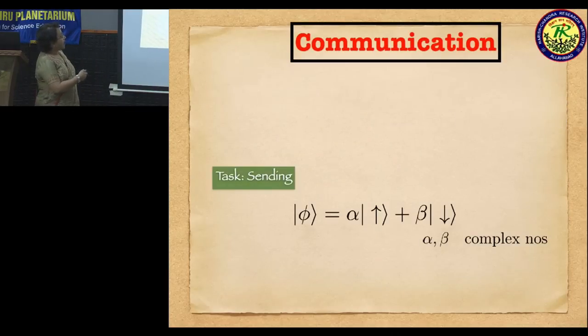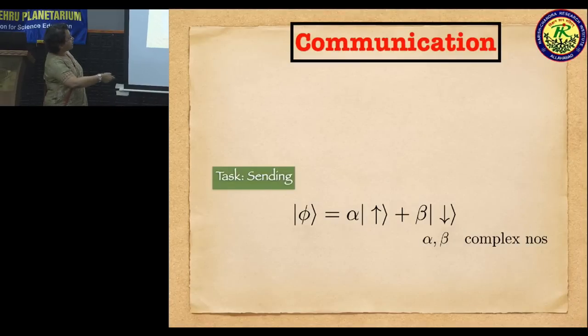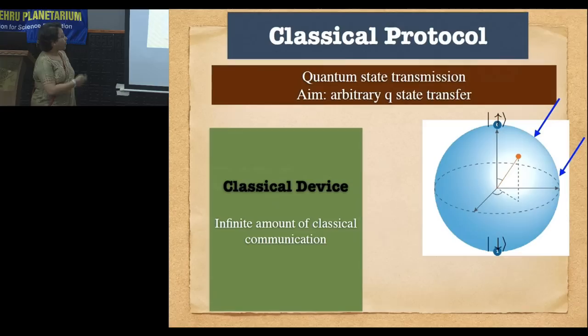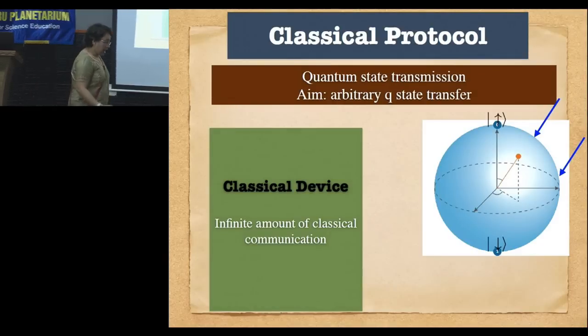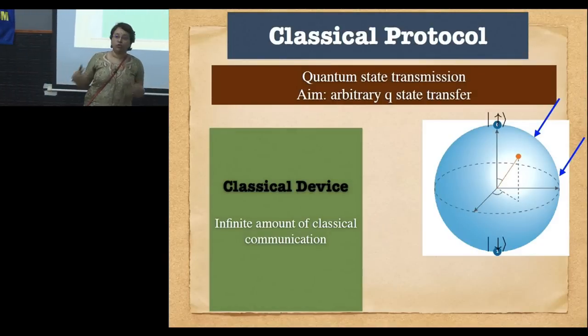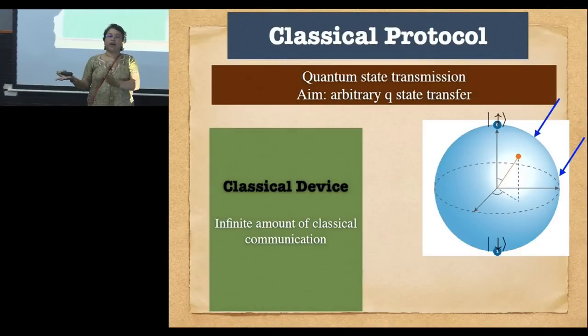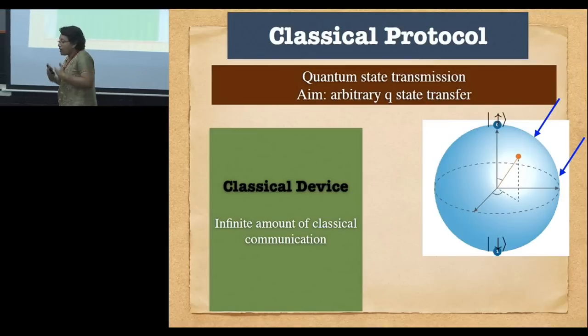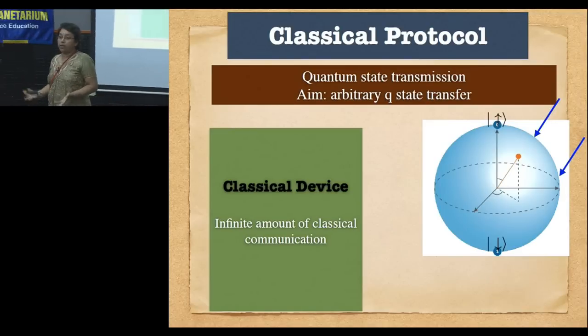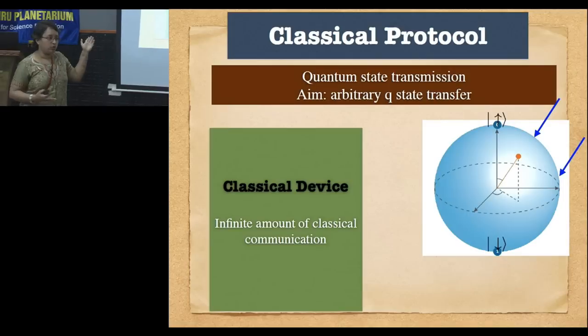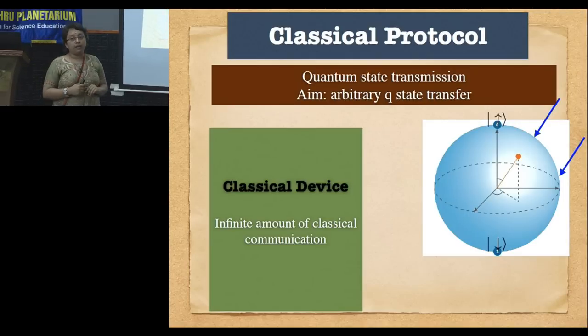That means Alice's aim is to send this state mathematically to Bob. Now, what about a classical device? Suppose I don't want to use quantum mechanics, but I want to transfer a quantum state. Then how many bits do we require to encode and send this arbitrary quantum state?